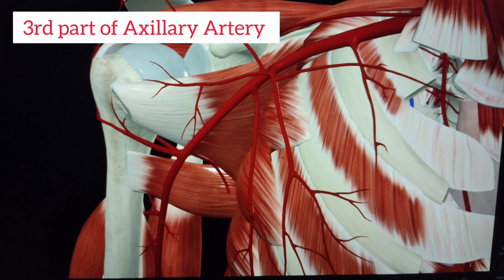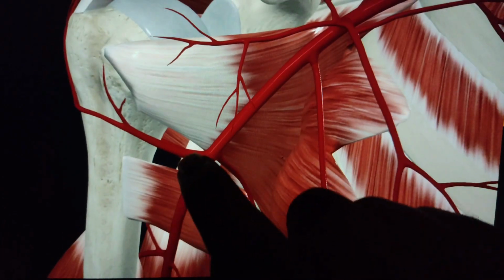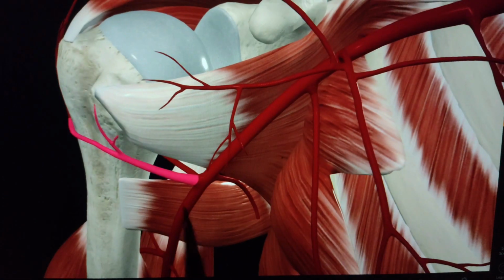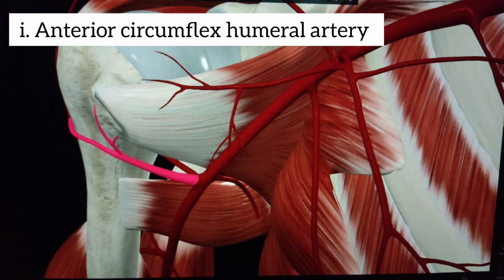As I have said, from the third part of the axillary artery three branches arise. As you can see, these two arteries, one lies anterior and the other is located posterior to it. The anterior one is called the anterior circumflex humeral artery.